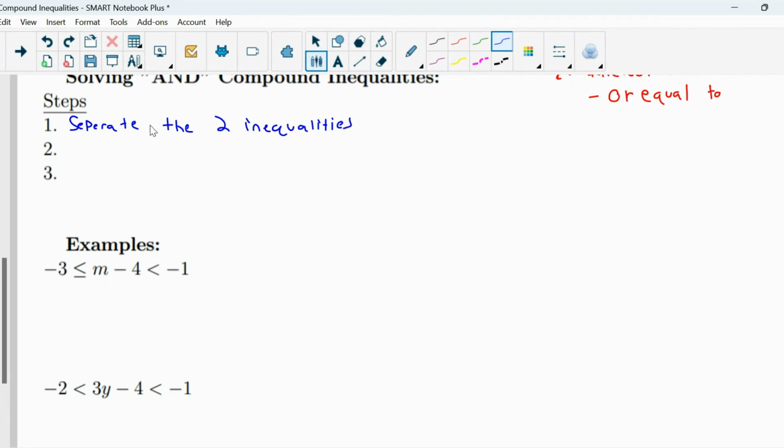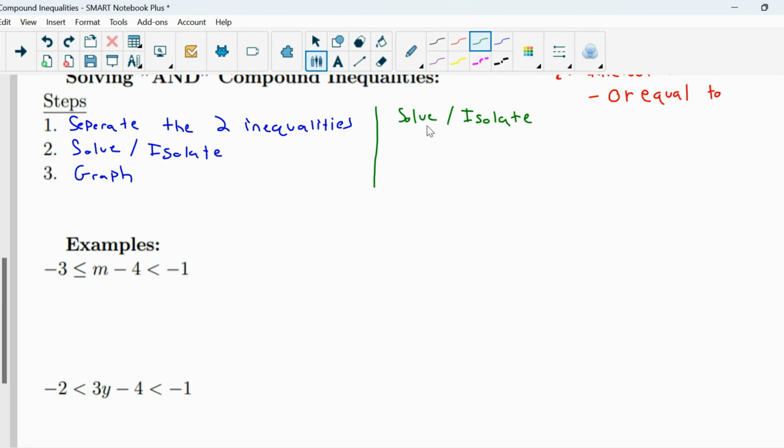Okay, once you separate those inequalities, you will have to solve them, or more specifically, isolate the variable. Okay, once you've done that, just like all of our inequalities, you will go ahead and graph. Okay, so that is one way to solve our compound inequalities. The other way, which I'll use green for, would be to solve/isolate first.